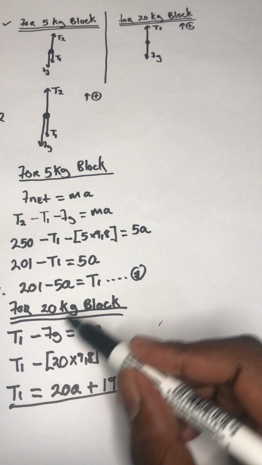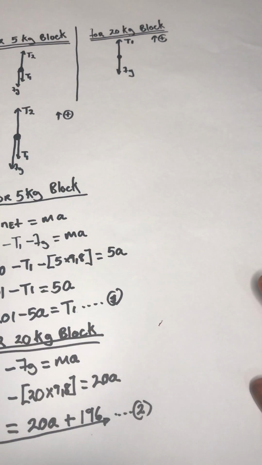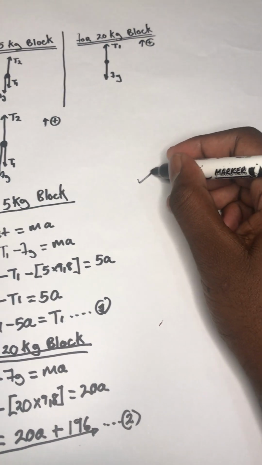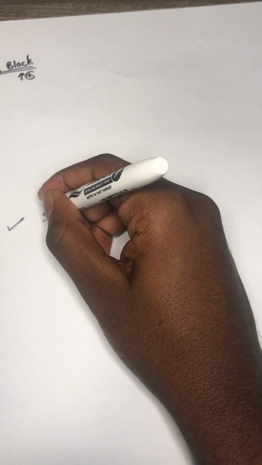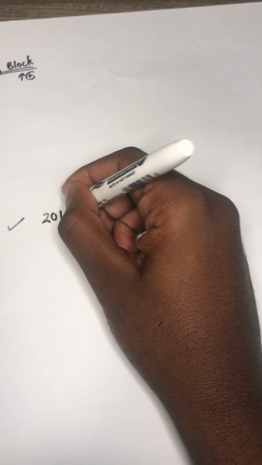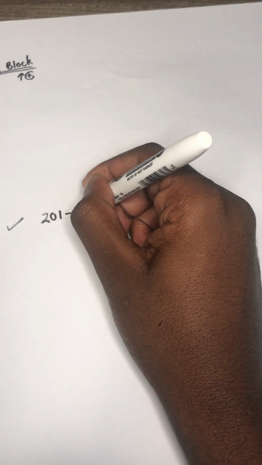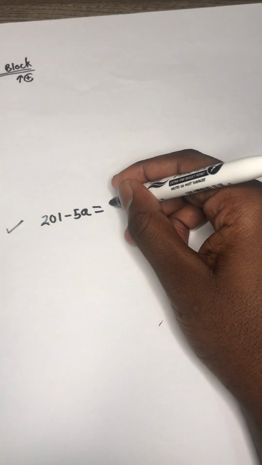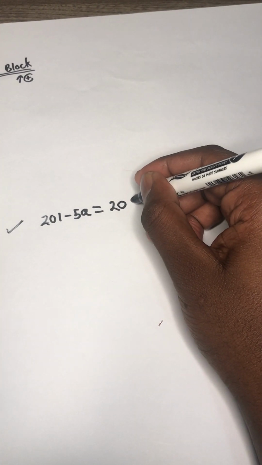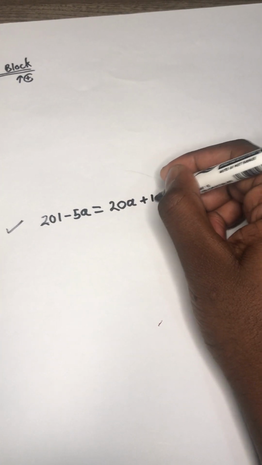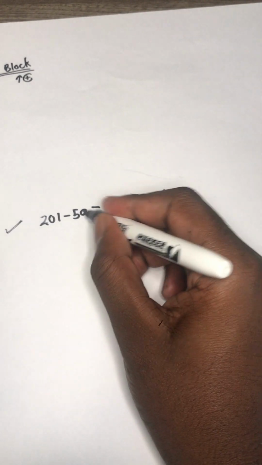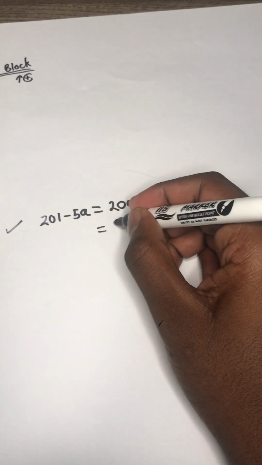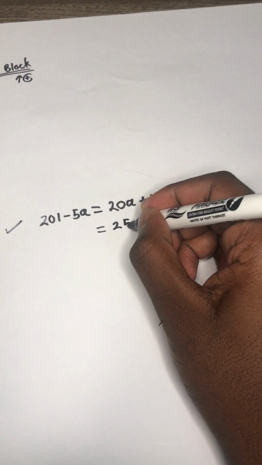So we can equate our equations. We have T1 equal to 201 minus 5a equals 20a plus 196. Okay, transposing, this would be 25a.